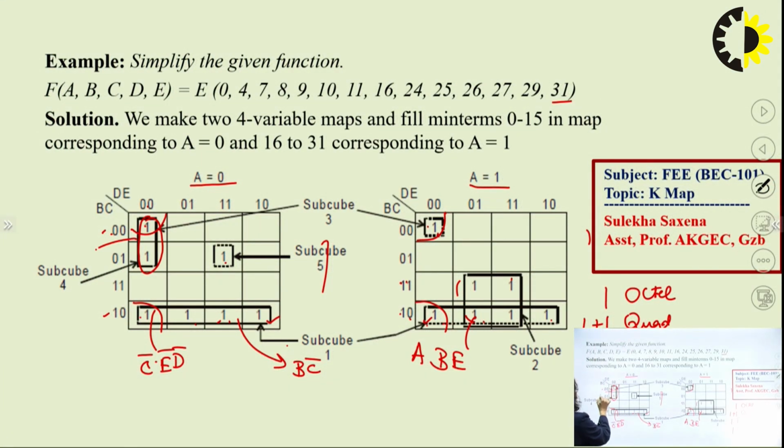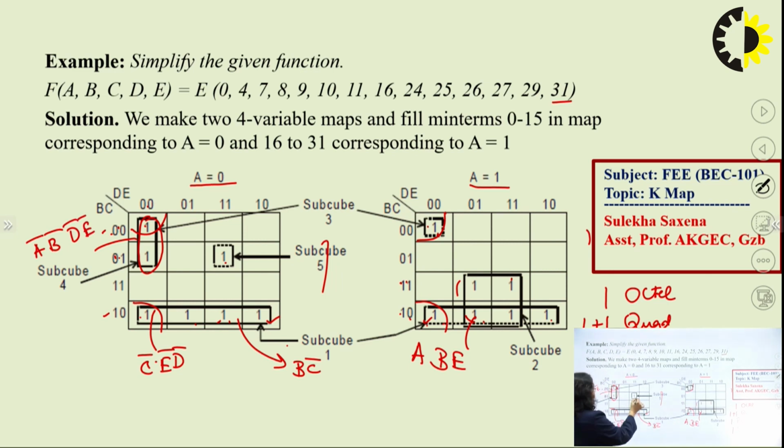For this pair the expression will be A bar, and from the left side 0 0, that is B bar, 0 1, C will be cancelled out, D bar and E bar.